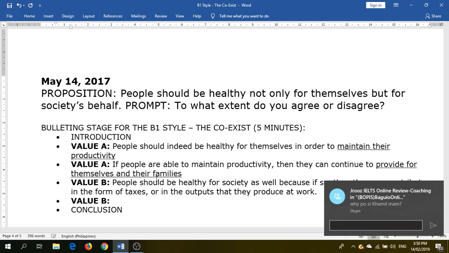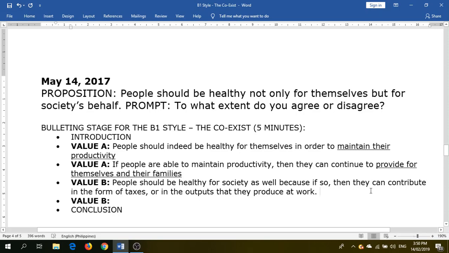So that being said, you can just underline this phrase: they can contribute in the form of taxes, or in other outputs. So in the bulleting stage, you just have to write that phrase, and you know already that you are talking about societal contributions in the form of taxes and in the outputs that they produce at work. So you can just expound on that accordingly in the writing stage.